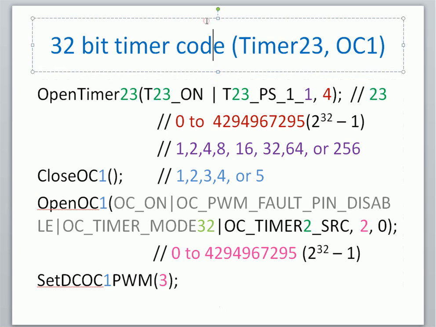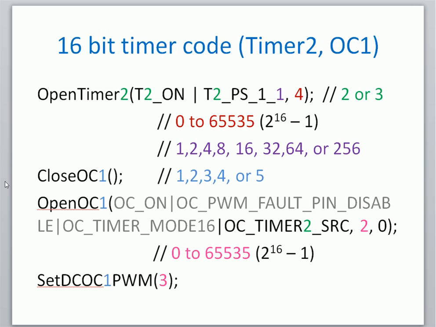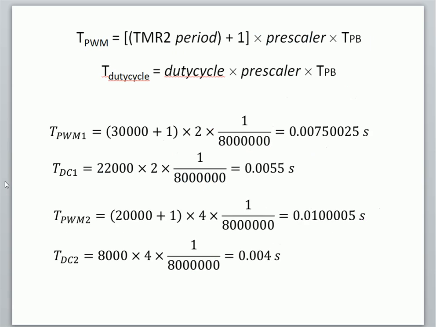Okay, so that's it. The basic code is fairly simple, because most of the settings we don't have to set. The hard part is the opposite of this problem that you see before you. If you know the period and the duty cycle, these calculations are fine. Typically, you have to go the other way.